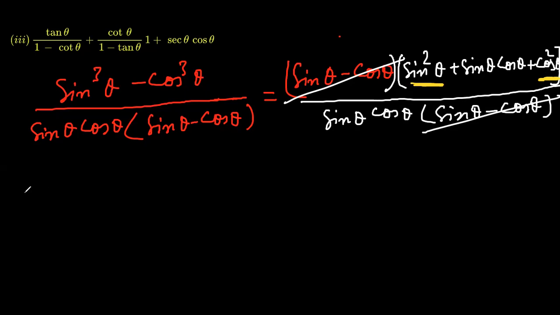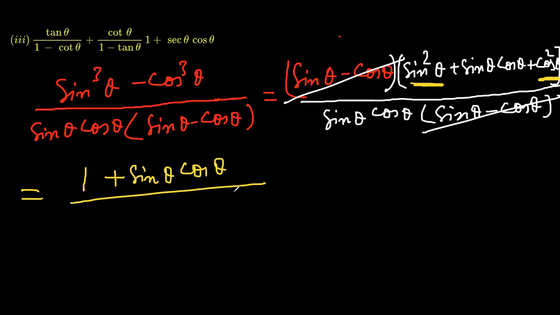So we can write this is equal to 1 plus sine theta cos theta, divided by sine theta cos theta. That we need to prove is equal to 1 plus sec theta cosec theta. All right, and that's what we are getting here.